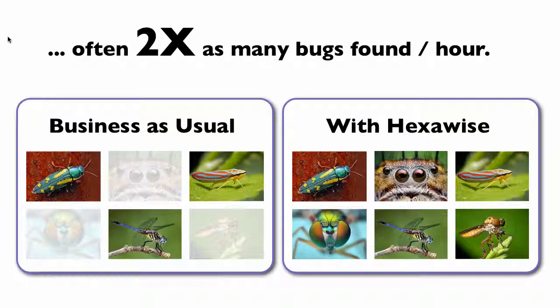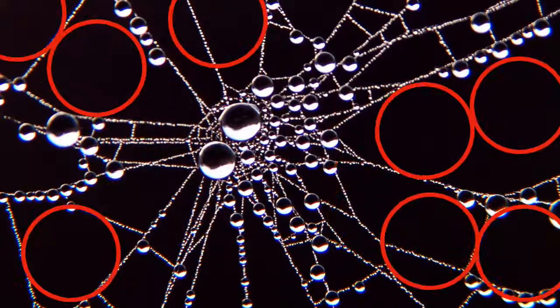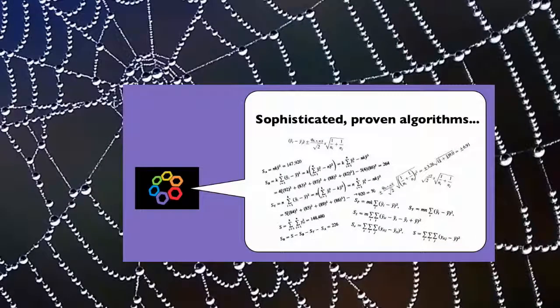When testers identify test cases by hand, their test cases often include unintentional repetition, in which the same things are tested multiple times, as well as accidental gaps in coverage, which result in important combinations of values never getting tested. Hexawise creates more efficient and effective sets of tests by using advanced algorithms to eliminate repetition, close gaps, and maximize coverage as efficiently as possible.